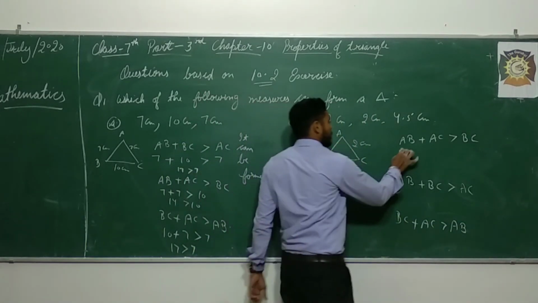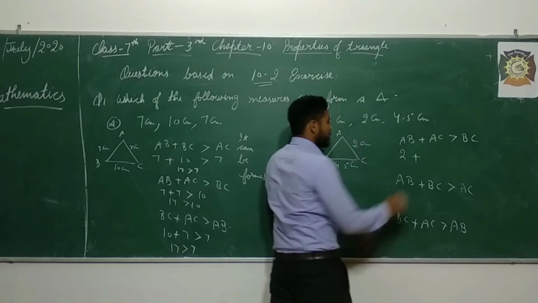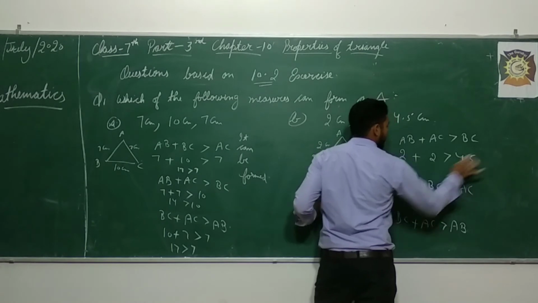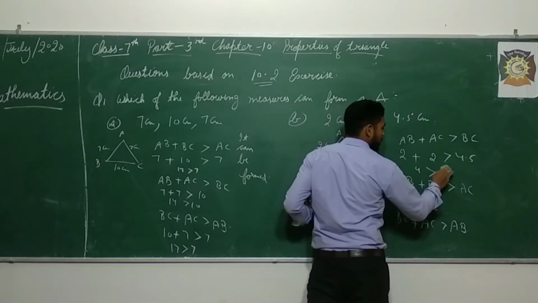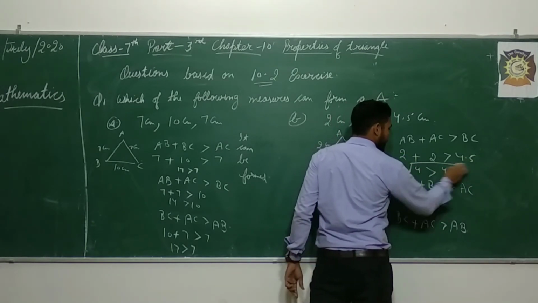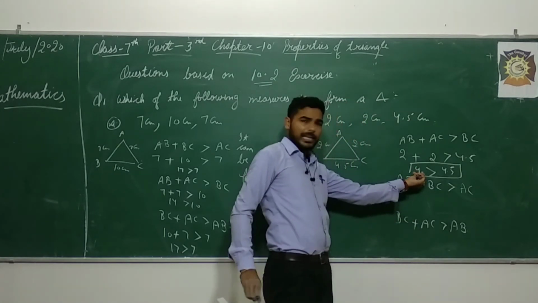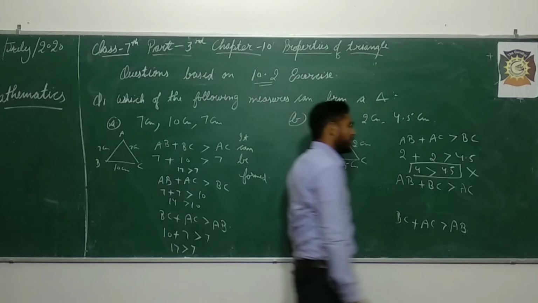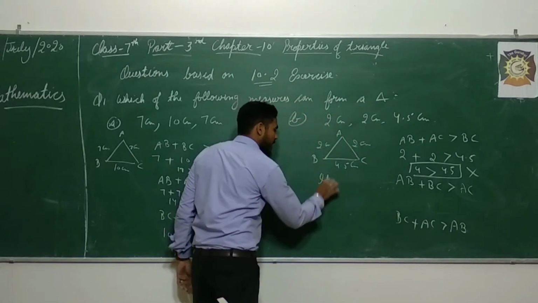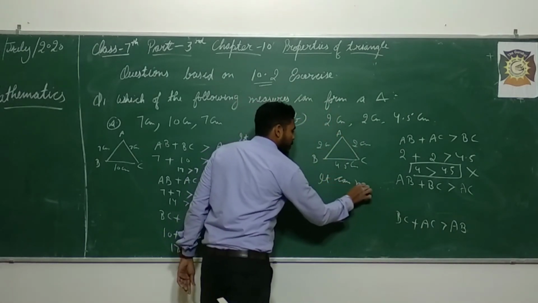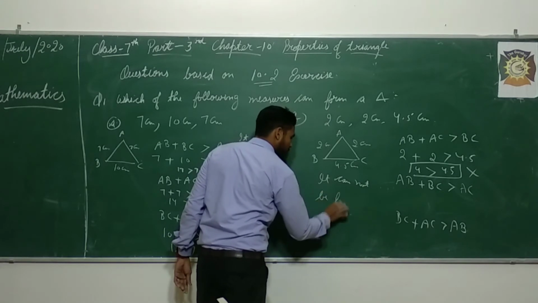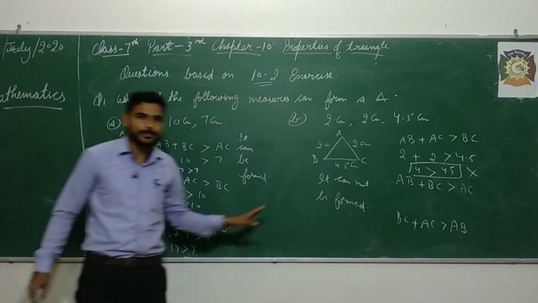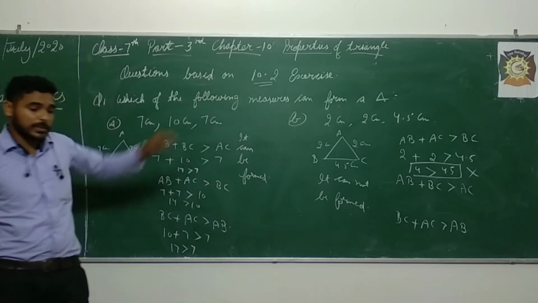AB is 2, AC is also 2, and BC is 4.5. 2 plus 2, 4, and 4.5. Is 4 greater than 4.5? No. It means this condition is not satisfied. It means this triangle cannot be formed. Is it clear? Now we solve some other questions.